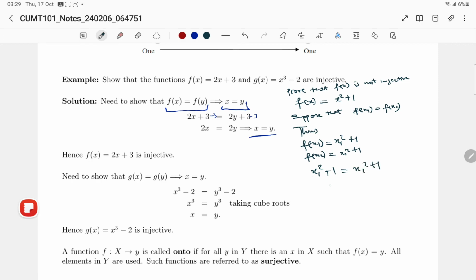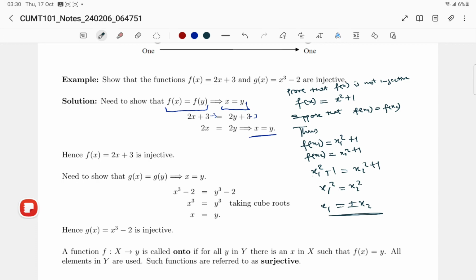So what it means is we have x1 squared is equal to x2 squared if we subtract 1 from both sides, and then the square root will give us x1 is equal to plus or minus x2. So if x1 is equal to plus or minus x2, it means that this one is not injective always.